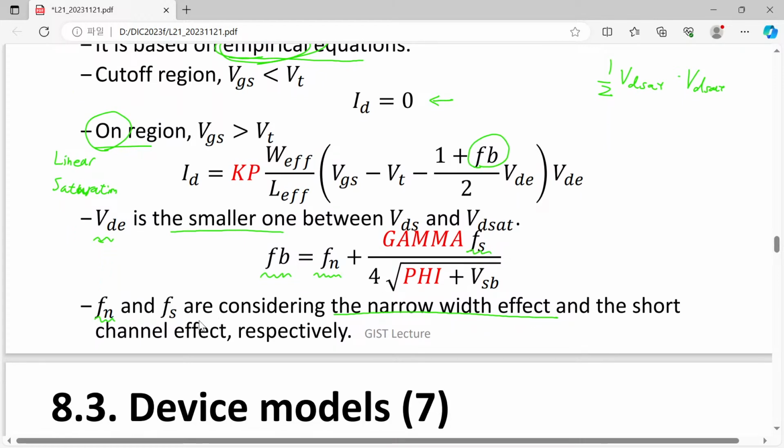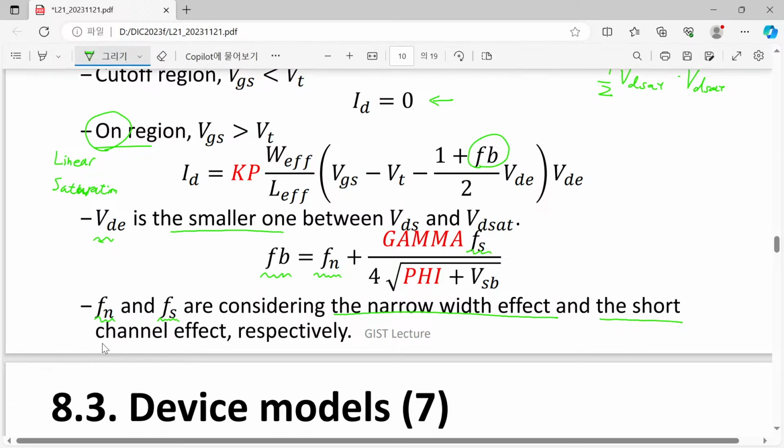model. And here we have another parameter, Fs, which describes the short channel effect. If we have a short channel, then many effects can occur, and these are considered here.